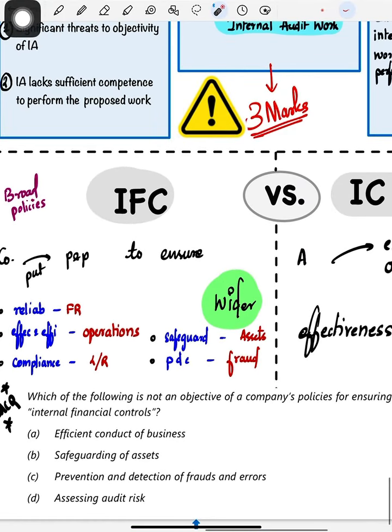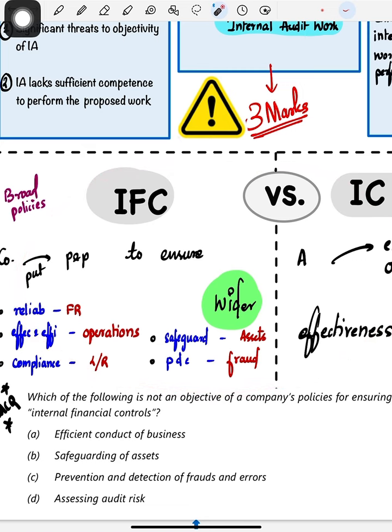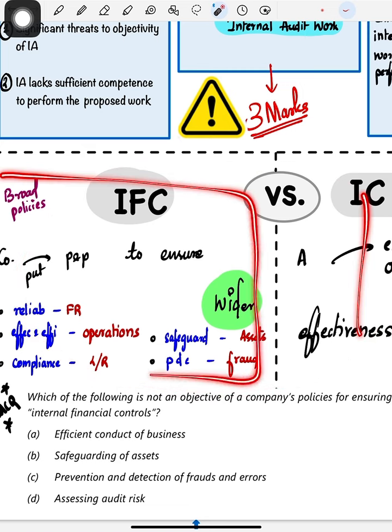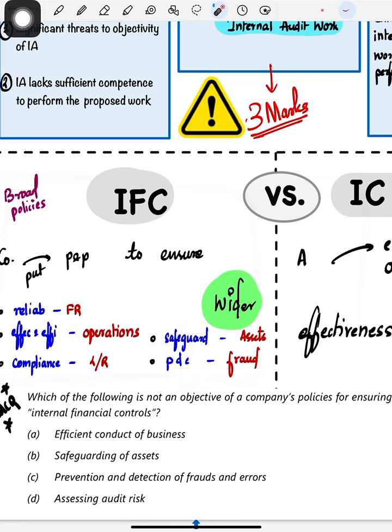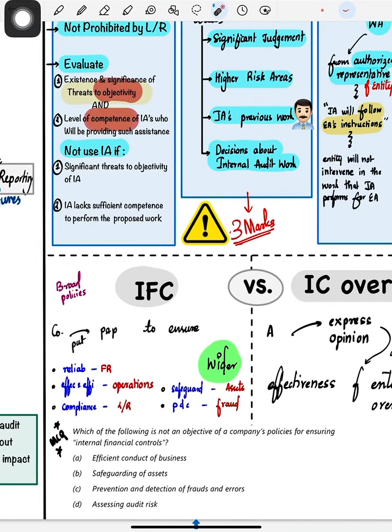Now, which of the following is not an objective? Based only on this concept, the IFC concept, they have asked in an MCQ: which of the following is not an objective of companies' policies for ensuring internal financial controls? Out of these, they have listed a few things and given some other point also.